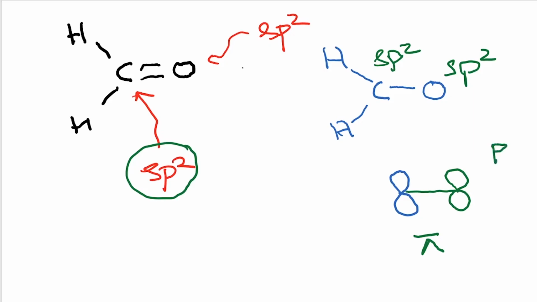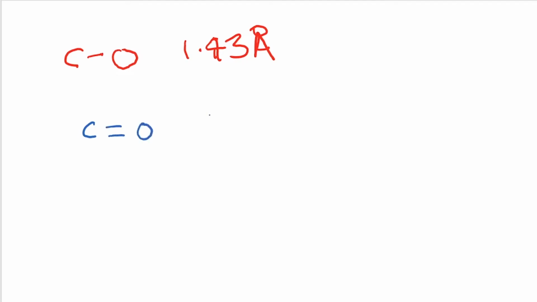Okay, so now let's move on to understanding the aspects of carbon and oxygen. A typical carbon-oxygen single bond is 1.43 angstrom, and a typical carbon-oxygen double bond is 1.21 angstrom.